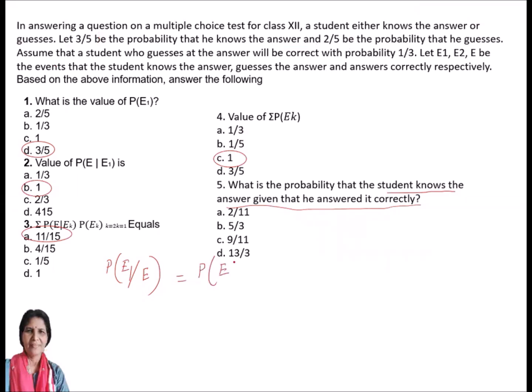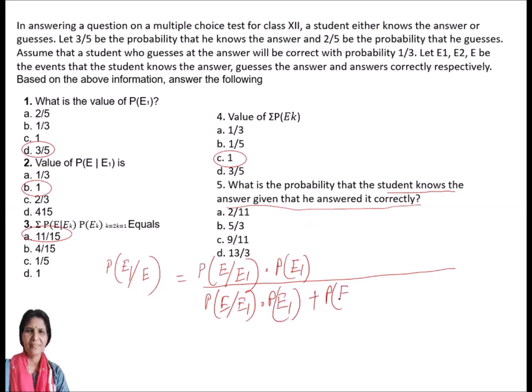This is P(E | E1) into P(E1) whole upon the sample space. What is the sample space? The sample space is P(E | E1) into P(E1) plus P(E | E2) multiplies P(E2).